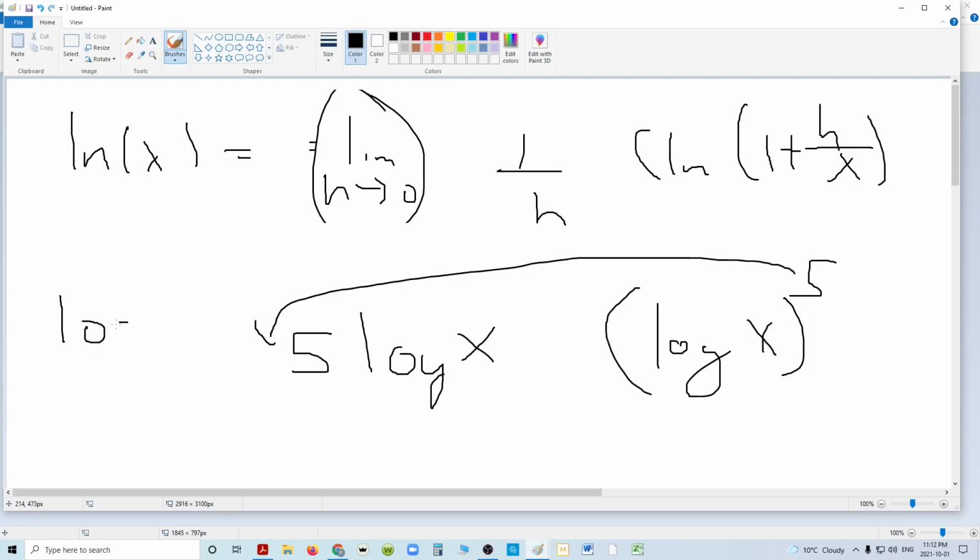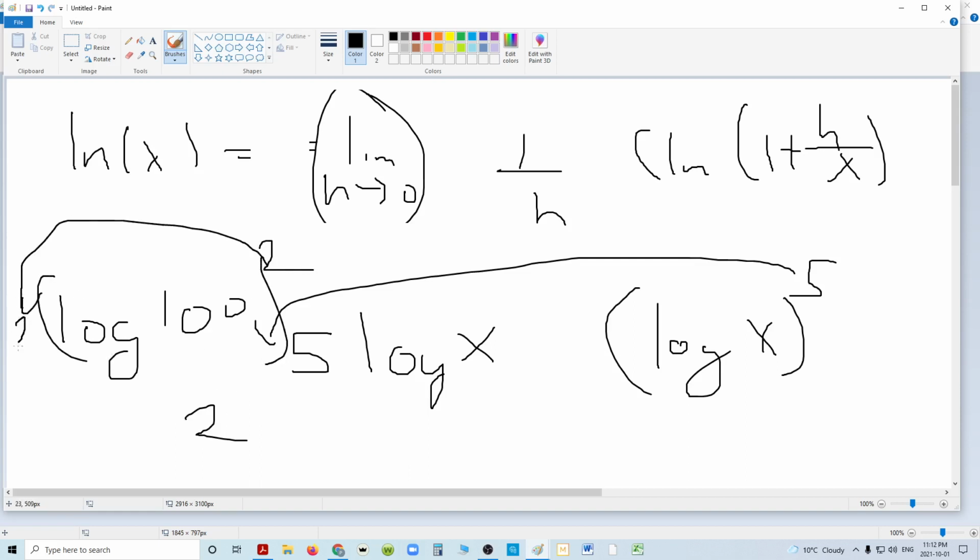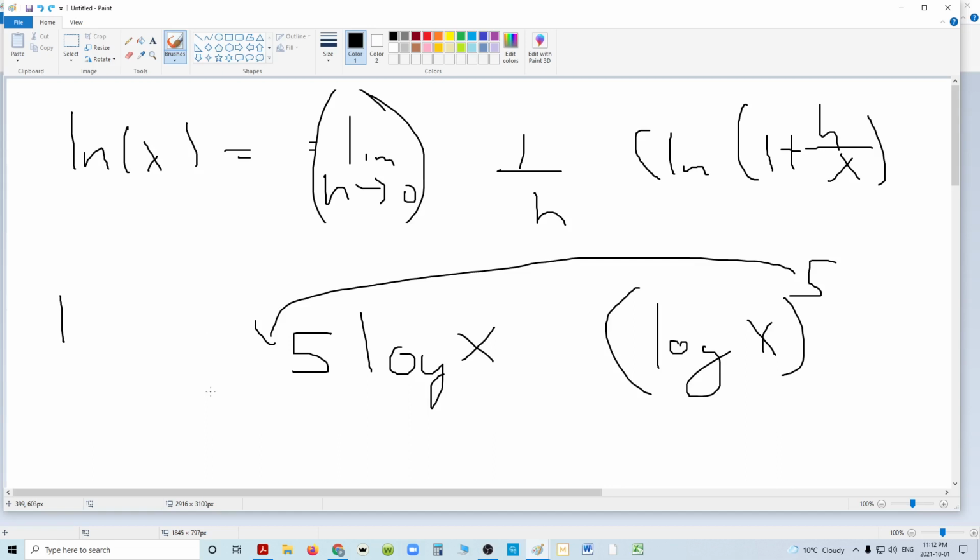If you take the log of, I don't know, it doesn't matter, 100, which is supposed to be 2, and you square it, you'll discover that 2 times that also works. It doesn't matter how you go about it. Just remember that this is one of the features.